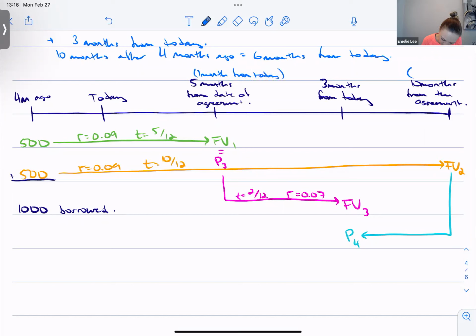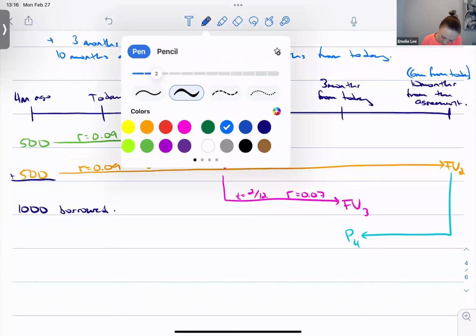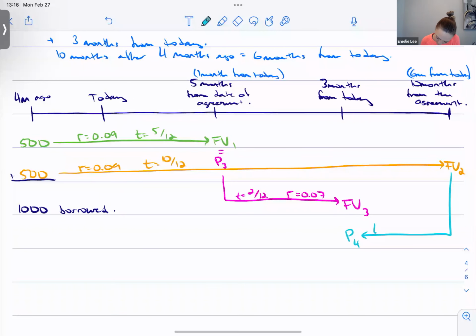And this is 6 months from today. Because I'm getting lost. There you go. So 6 months from today to 3 months from today, the length of this arrow is 3 months. So T is 3/12, and the rate here is 7% again. Right? So just notice that rate change.